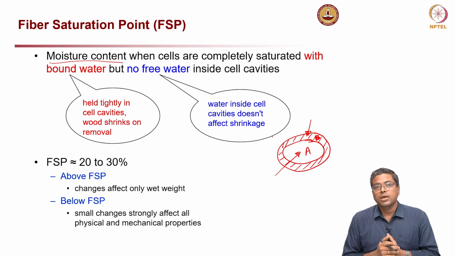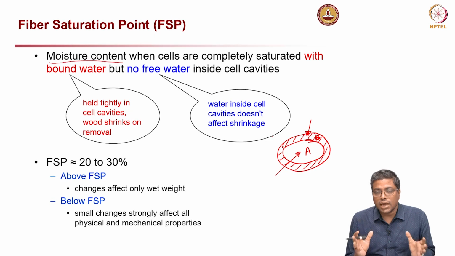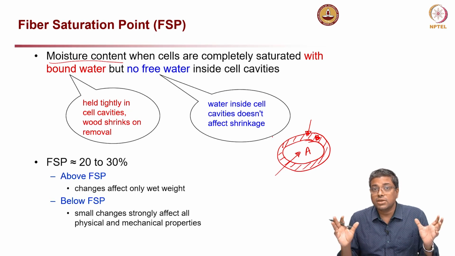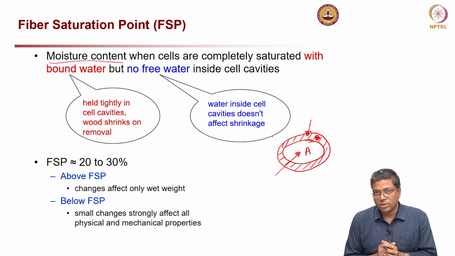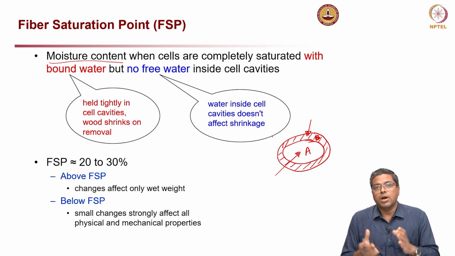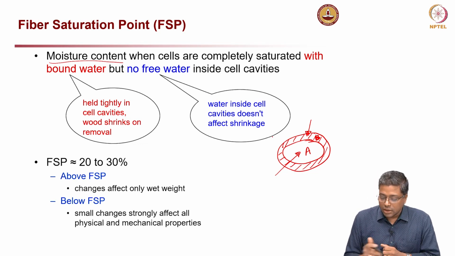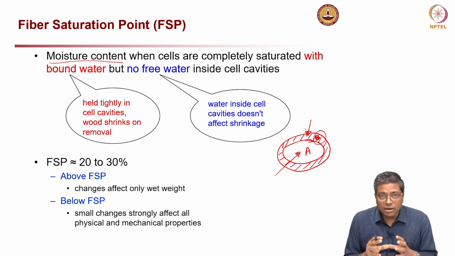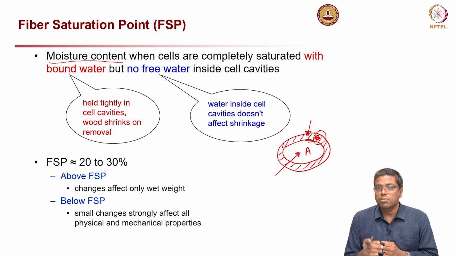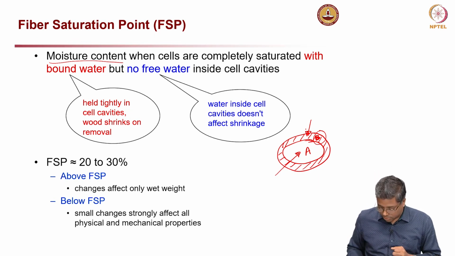At that time, the only change in the wood is the change in weight, loss of water. After further drying, when you reach the fiber saturation point, the water from region B also starts evaporating, and then the properties start changing. Not only weight, but also the shrinkage and mechanical properties.